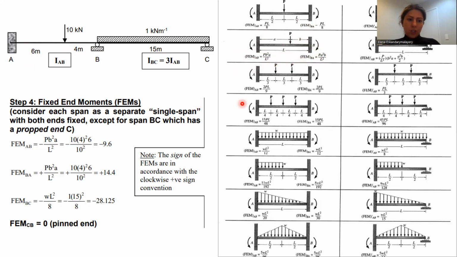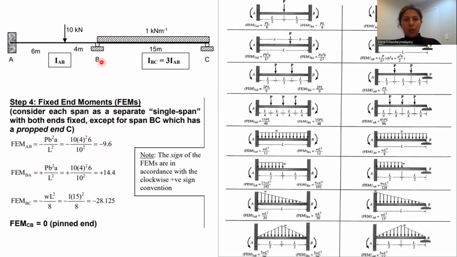And as I mentioned before, for A you need to change the direction and consider minus for the value. So for AB it is minus 9.6 using the formula, and for BA it is positive 14.4.